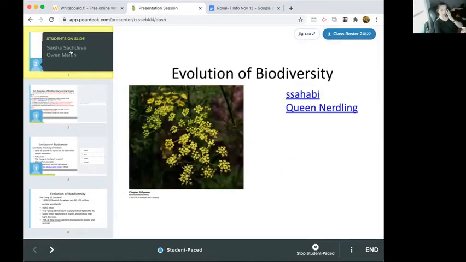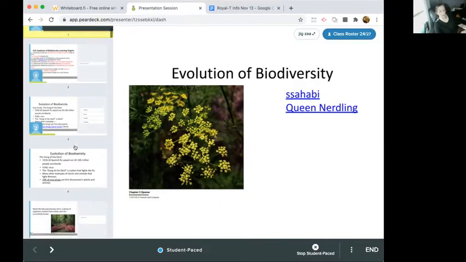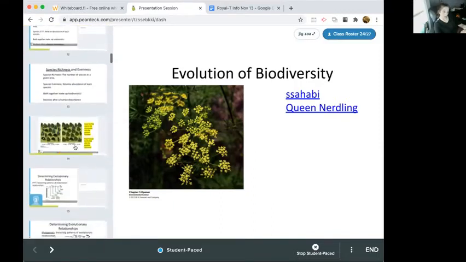Saisha and Owen, you guys are still on slide 1, and there's nothing to do on slide 1. See, in anatomy, there's at least some Latin and Greek that you could be studying. It says you're on slide 1. Let me look and find you, see if you're in 2 spots.